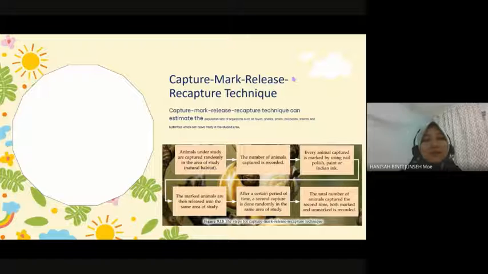Itulah second capture tu kita tangkap, bukannya kita aim dapat yang ada mark. Okay. And then the total number of animals captured the second time, both marked and unmarked, is recorded. Maksudnya masa second time kita tangkap tu, kita bukan untuk kita tanda lagi, kita tengok berapa yang ditanda, berapa yang tiada tanda. Okay, from that kita akan buat pengiraan.